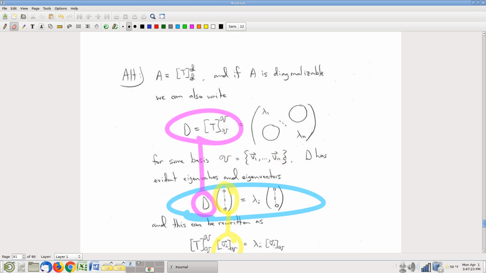Likewise, let's look at the other vector over here. So what's going on? What do these numbers here represent? Well, that's an output vector. That, therefore, is giving you coordinates with respect to that basis. Oh, how about that? It's again the script V basis. So these numbers represent the coordinates of something with respect to this basis.